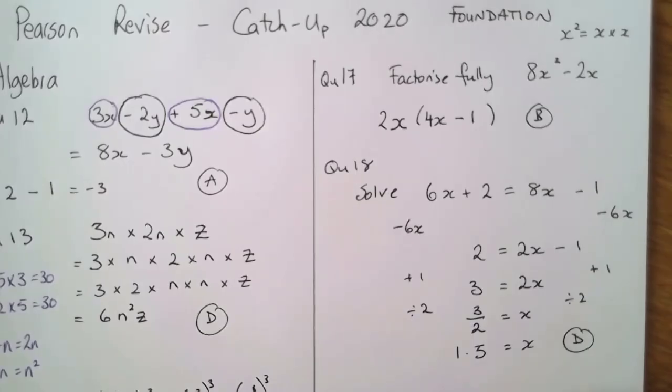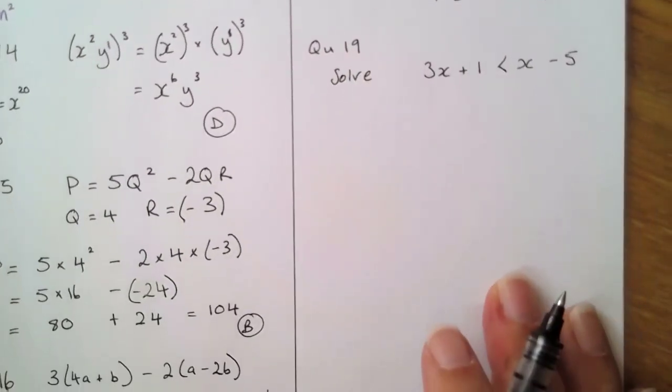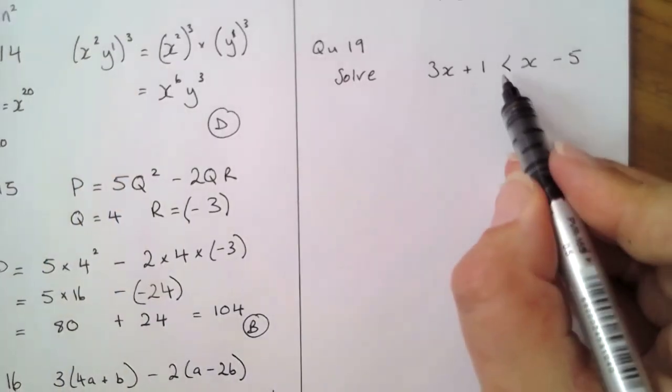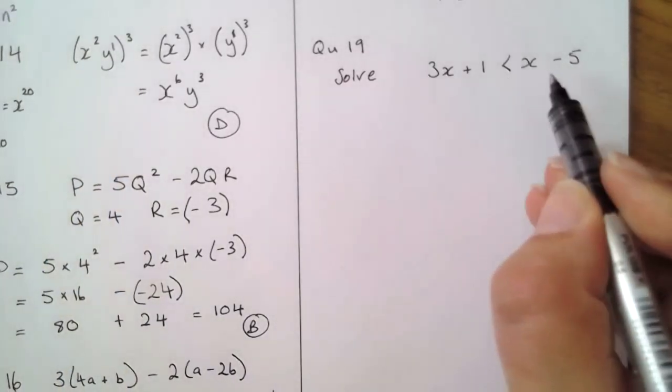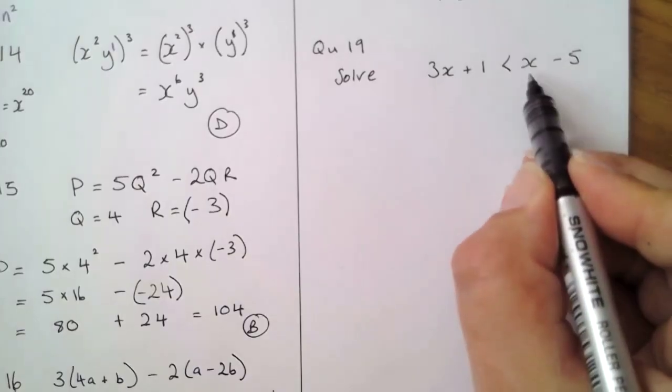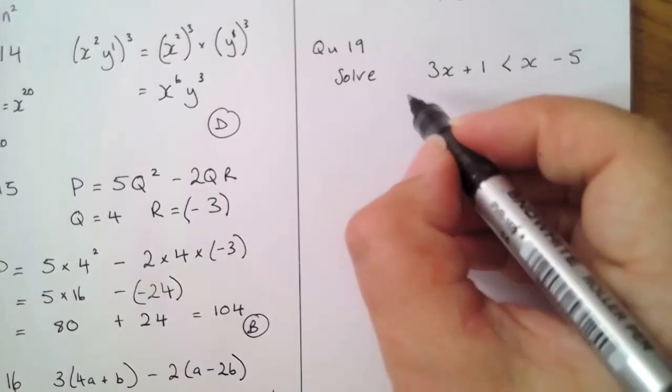So we're going to solve the inequality. That would be better if you could see it. Solve 3x + 1 is less than 8 subtract 5. We've got to get all the x's on the same side, just like we did above.